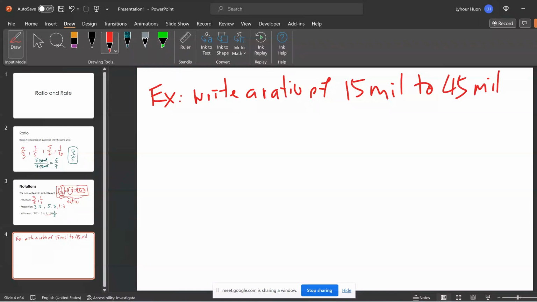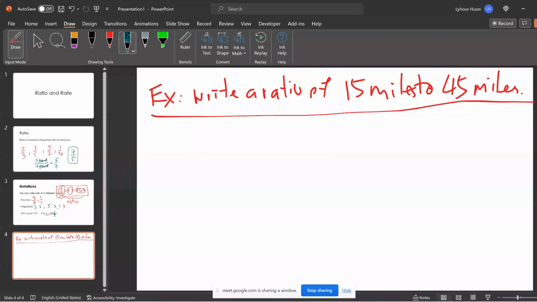Okay, this is an example, miles with ES. Is it readable? Write a ratio of 15 miles to 45 miles.